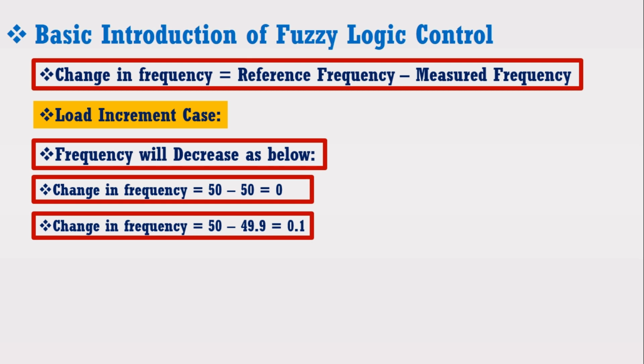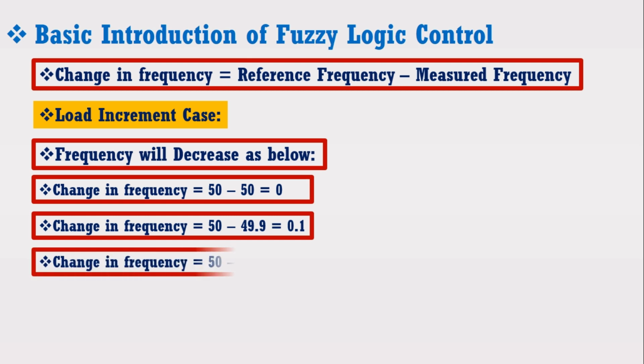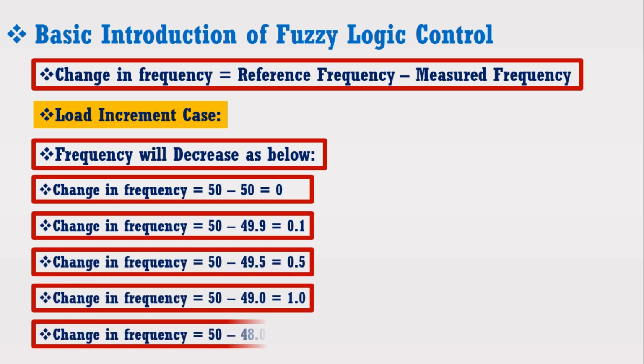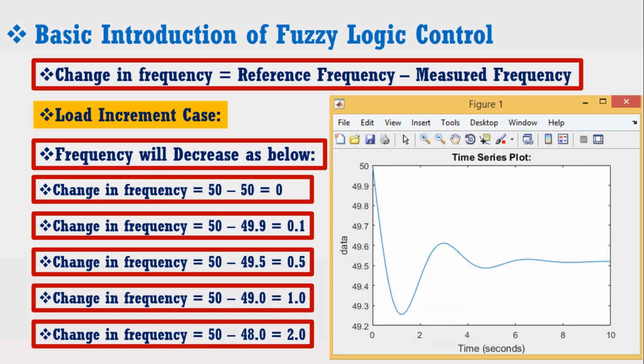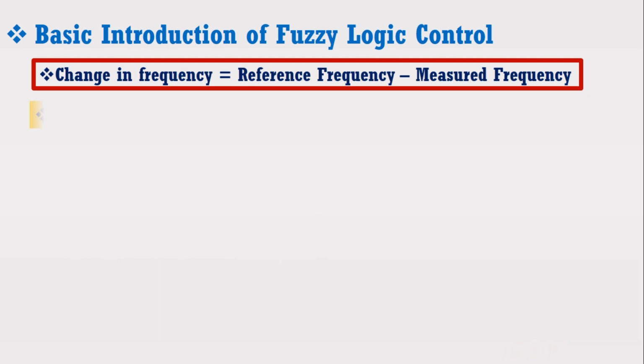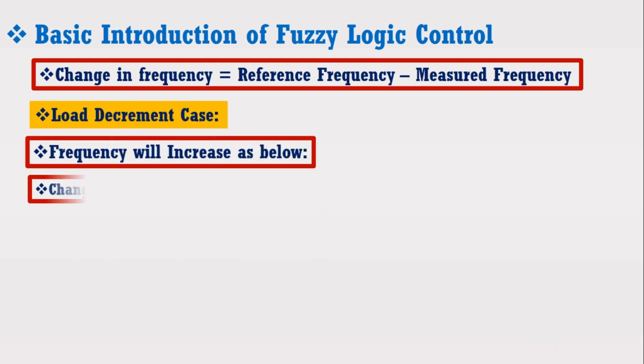Then change in frequency will become 0.1 Hz. Similarly, if we consider a huge increase in load demand, then system frequency may reduce to a very low value resulting in a difference of 2 Hz or even more, due to which the system frequency will suffer from undershoot as shown in the figure.